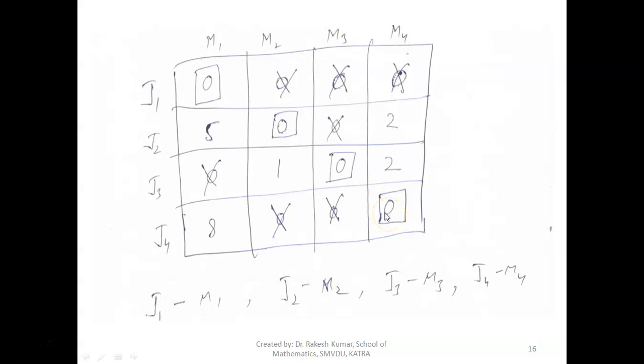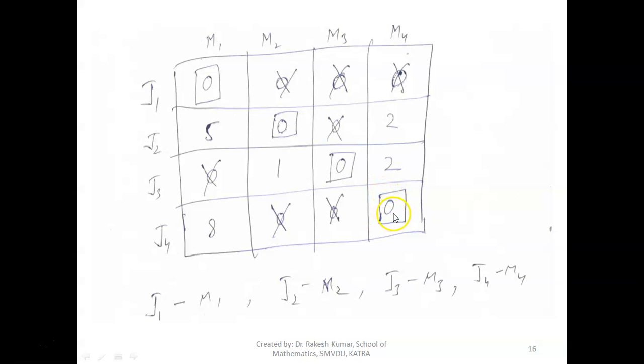Okay, now proceed column wise. This was crossed earlier, and in this column, yes, it is crossed now. So this is a single zero now.